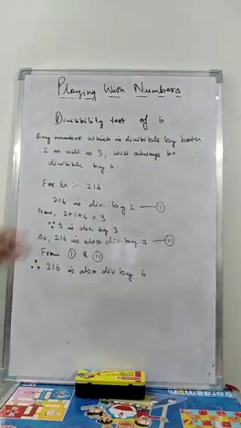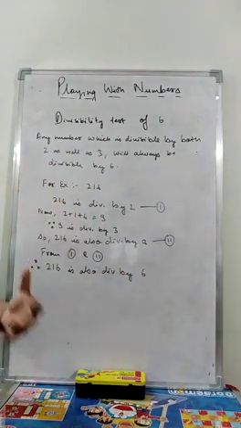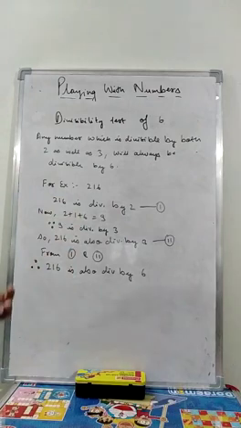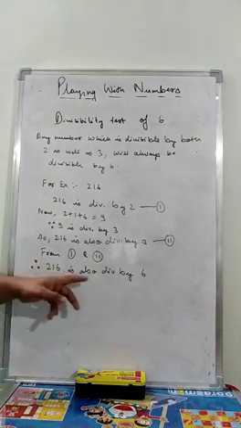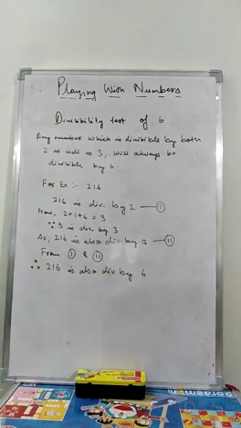So I have taken a simple number and first I have identified whether it is divisible by 2 and 3 or not. So since they are divisible by 2 and 3, therefore 216 is also divisible by 6.